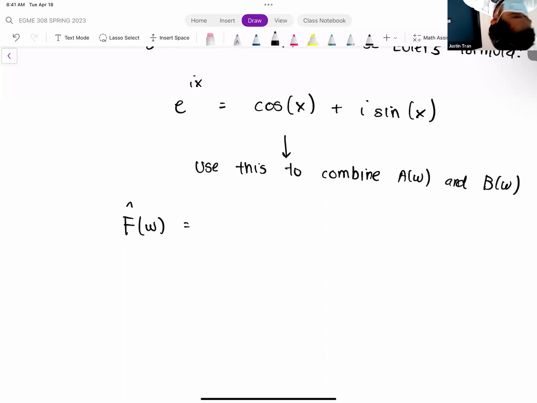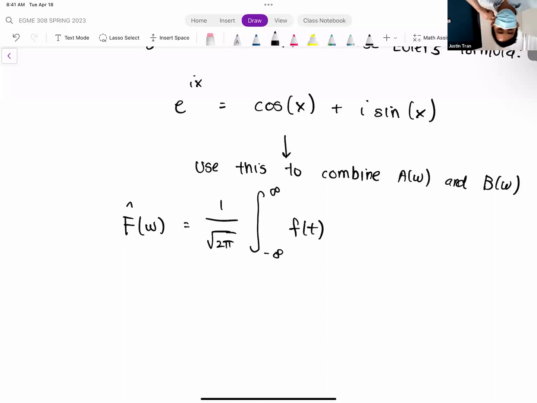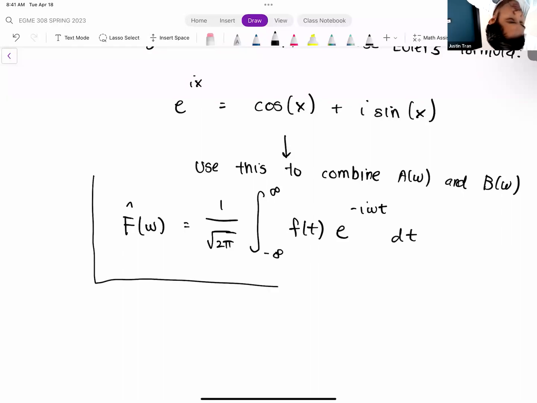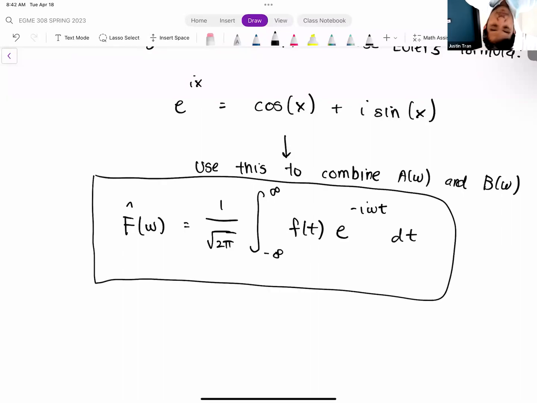It is equal to 1 over square root of 2 pi, times the integral from negative infinity to infinity of your function f of t, where f of t is your time domain function that you want to transform, times e to the minus i omega t. And this formula is what is known as the complex Fourier transform.